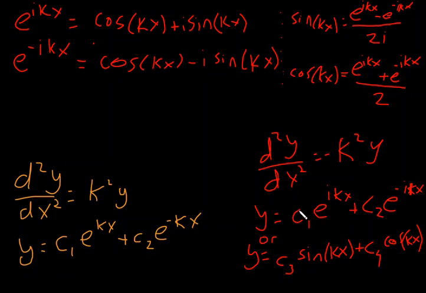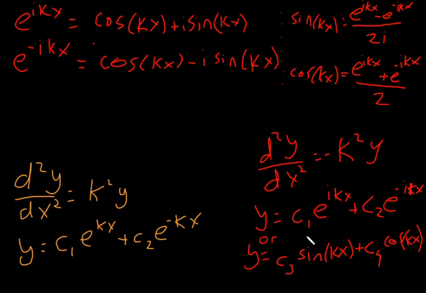Same thing here. If you allow C1 and C2 to be complex, and you plug the definitions of sine and cosine into this second equation, you'll get some constant times e to the ikx plus some other constant times e to the negative ikx.